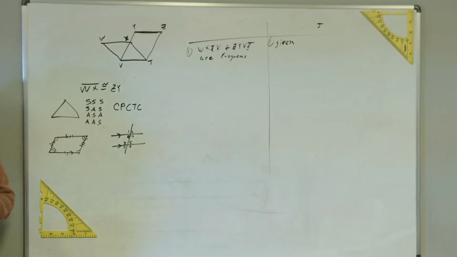Where else is another pair of corresponding angles? 7 and 4. It is a 4. He was uglier. I fixed him a little bit. I cleaned him up a little. 7 and 4, absolutely. 2 and 5, 6 and 3. All right?